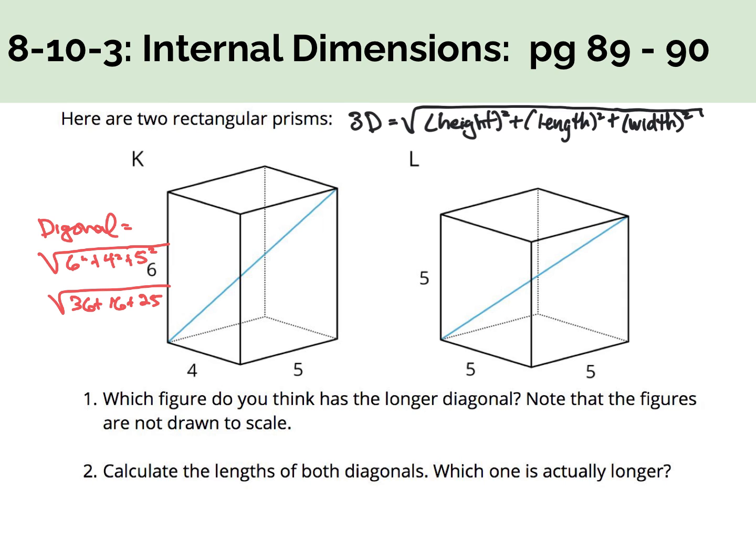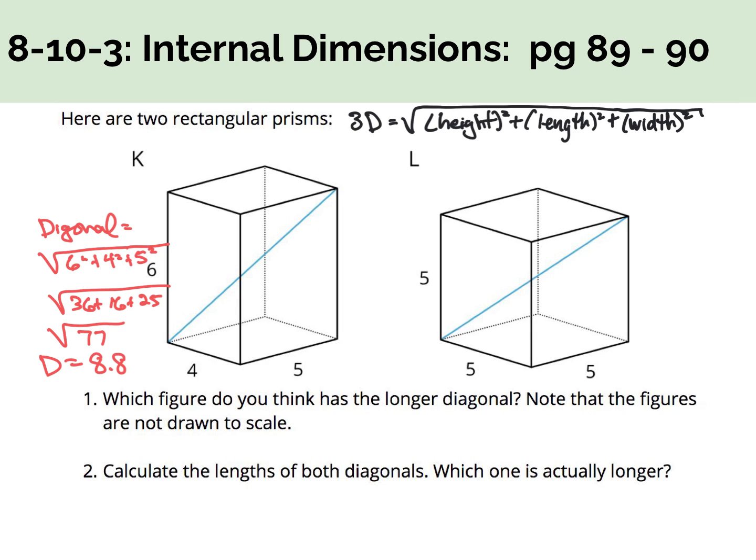Let's add that all together, and that is going to be the square root of 77. Then let's figure out the decimal. If we round to the nearest tenth, so 1 decimal place, it will be 8.8 as our diagonal for K.